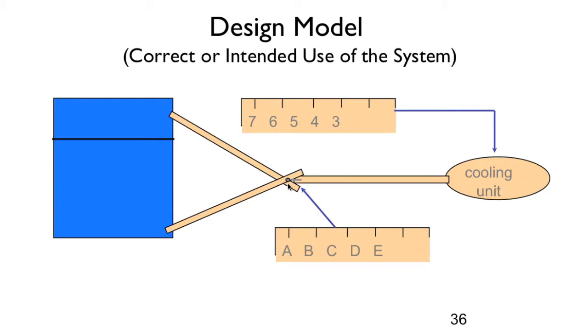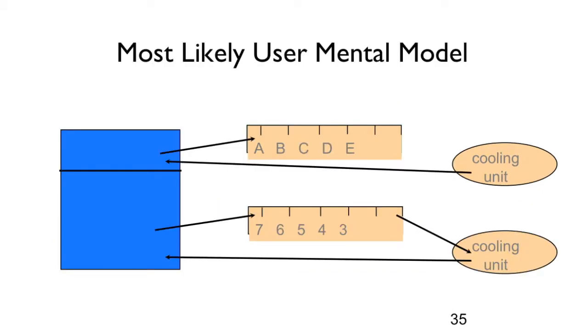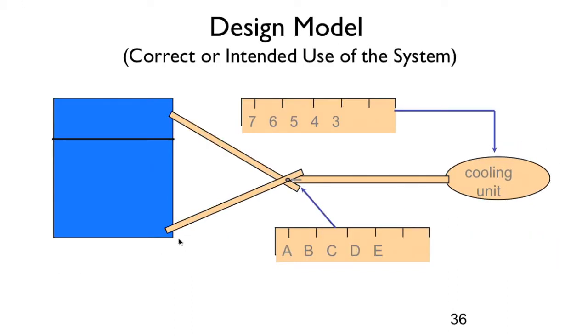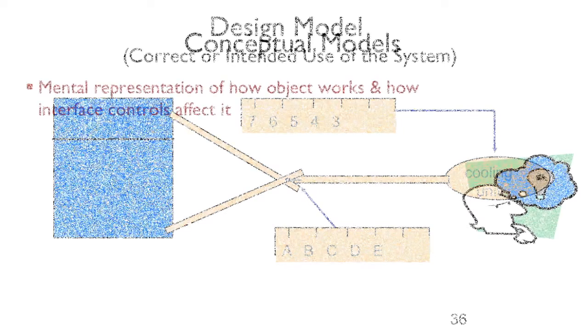So if you wanted the freezer to be colder, you had to use higher letters, but you may also need to change the numbers as well, depending on the overall coldness. So it was kind of a disaster because the mental model he had, which was entirely reasonable, was completely different from the actual model that the system designer had.